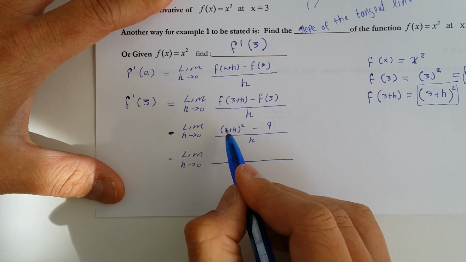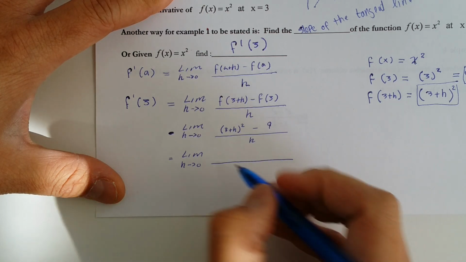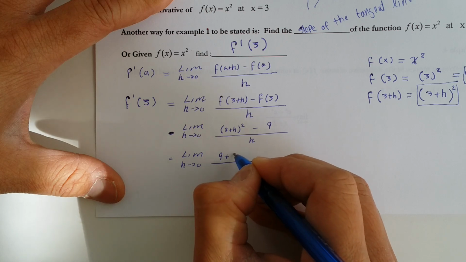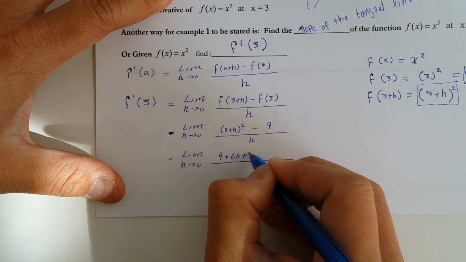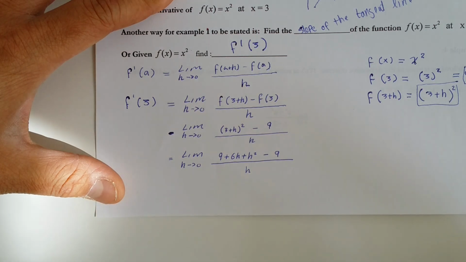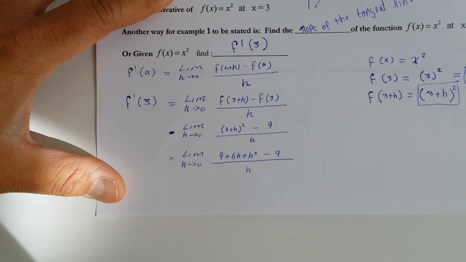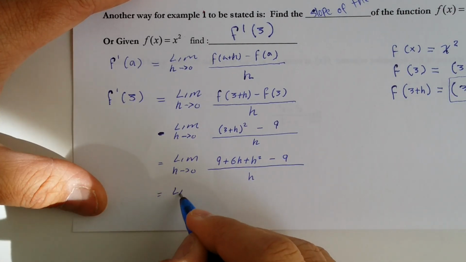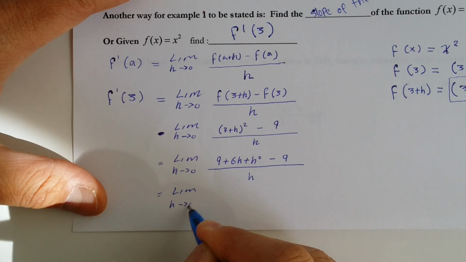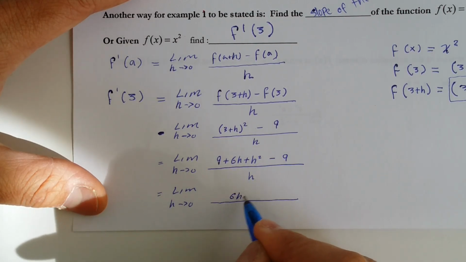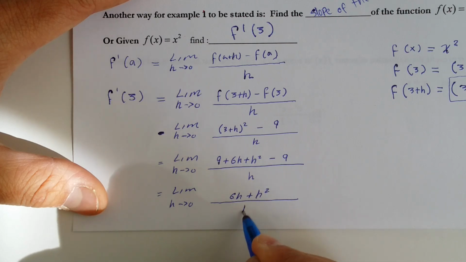So take 3 plus h times 3 plus h, and if you do it correctly, you're going to get 9 plus 6h plus h squared minus 9 all over h, like that. Now, what's going to happen? Well, I'm going to try to zoom in a little bit here. The 9 is going to cancel out, leaving us with this.